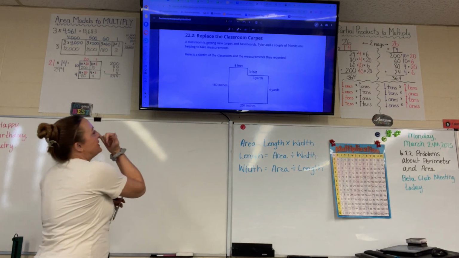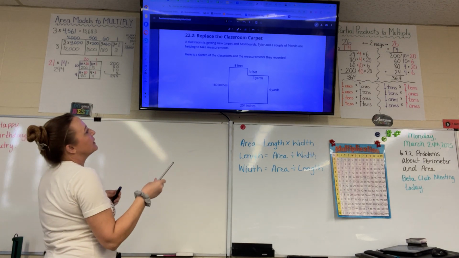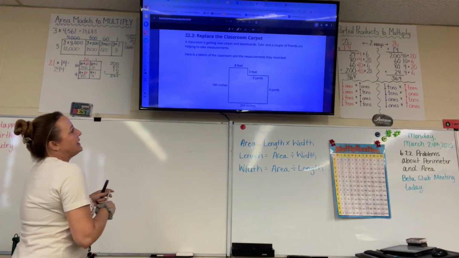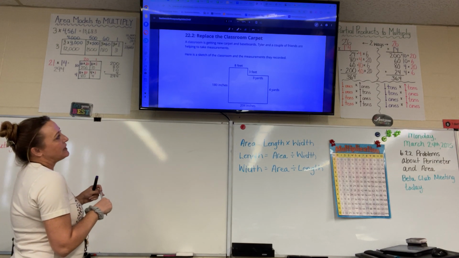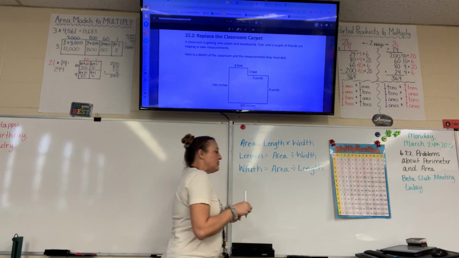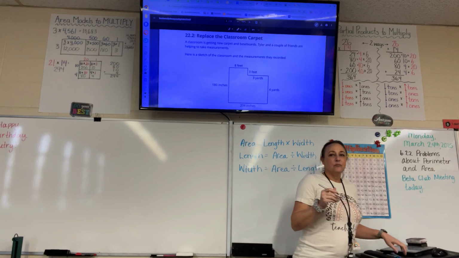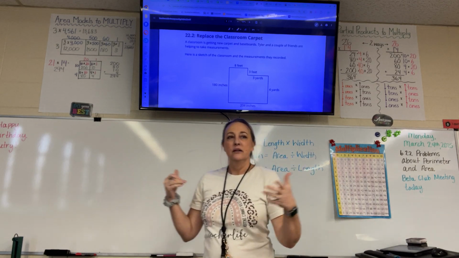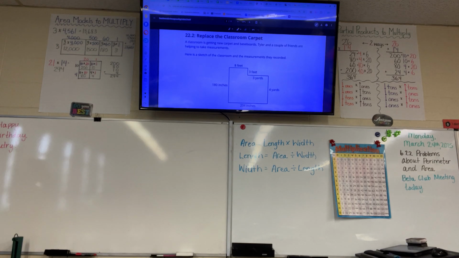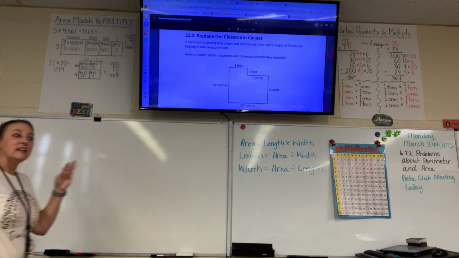Okay, so it says here Tyler and a couple of his friends are helping to take the measurements. Here's a sketch of the classroom and the measurements they recorded. Do you notice any problems with these measurements? Some are in yards, inches, and feet. That's right. We don't have any consistency.